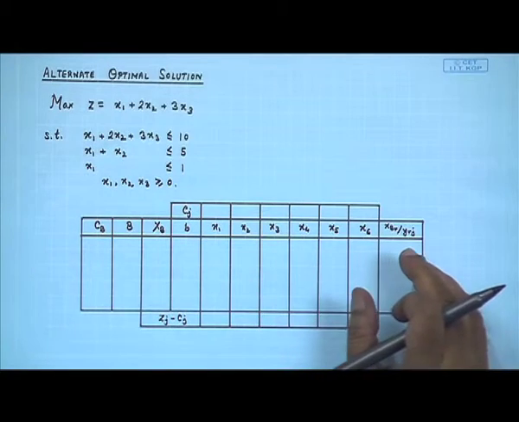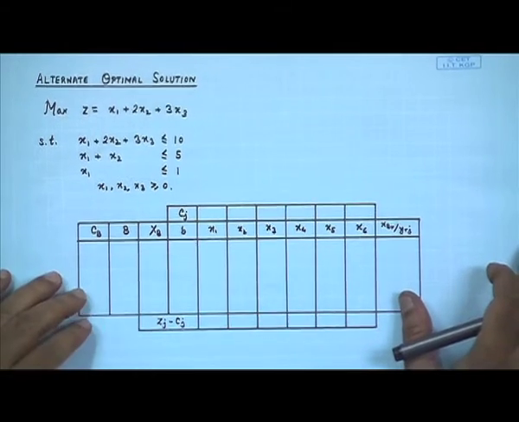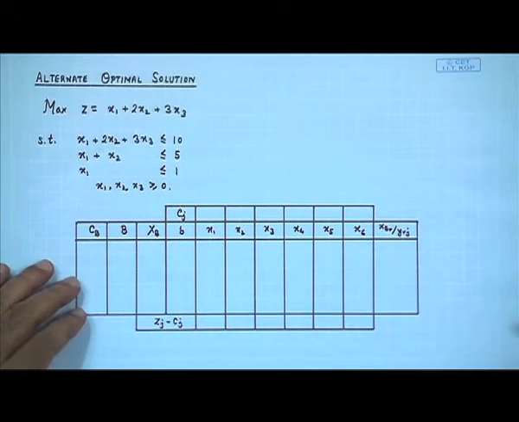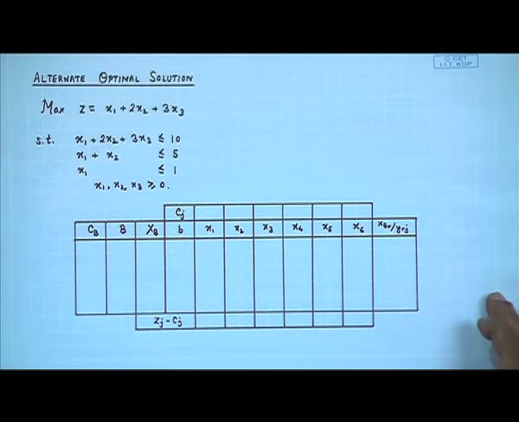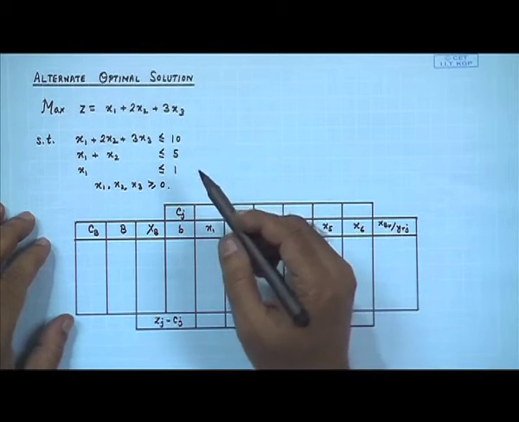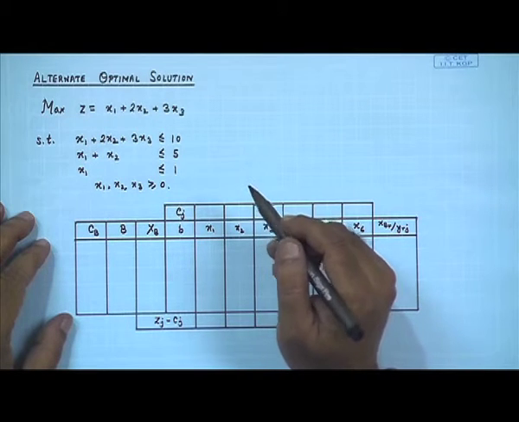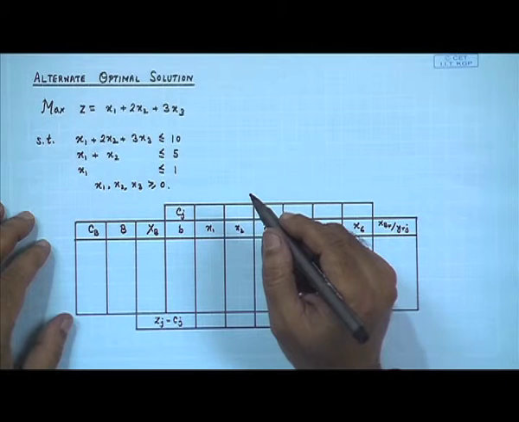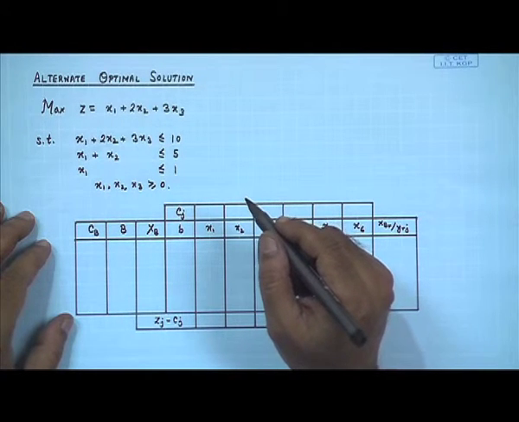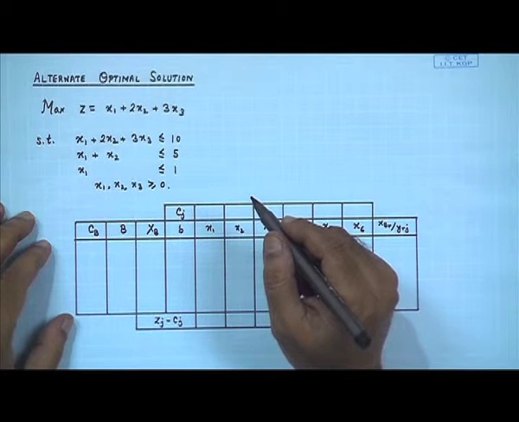Let us take one example for the alternate optimal solution, or infinite number of solutions. Let us consider one problem. Maximize Z equals x1 plus 2x2 plus 3x3 subject to x1 plus 2x2 plus 3x3 less than or equal to 10, x1 plus x2 less than or equal to 5, and x1 less than or equal to 1.